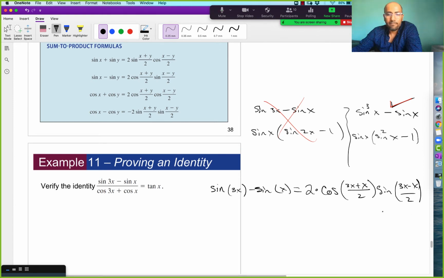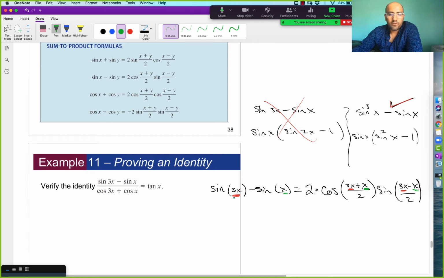Good. Just a straightforward application of this thing. It's this guy goes there, and this guy goes there and there, right? These two angles get added, that goes there, divided by 2, and then these two angles are subtracted in this order, and then that goes there.